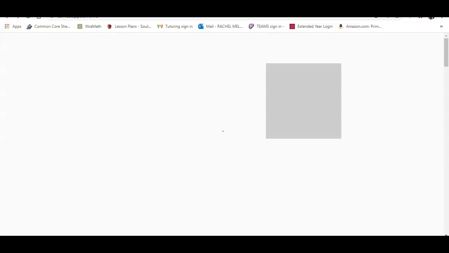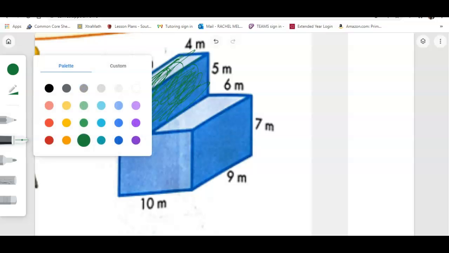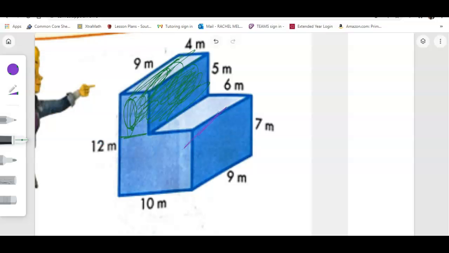Okay, the next shape. Again, let's think of it. I'm going to cut it right here. This one is going to be our green one, and this one is going to be our purple one. Volume equals length times width times height.